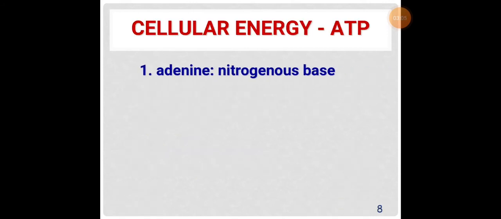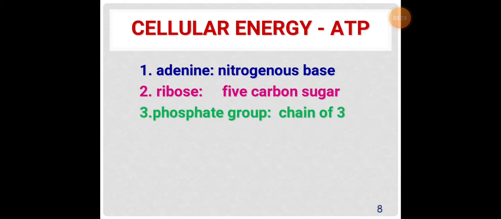Cellular energy, for example, ATP. As I told you previously, ATP is the hard currency. It's real. So energy stored is ATP. What is ATP? Adenosine triphosphate, composed of adenine, which is the nitrogenous base, ribose, and phosphate groups.